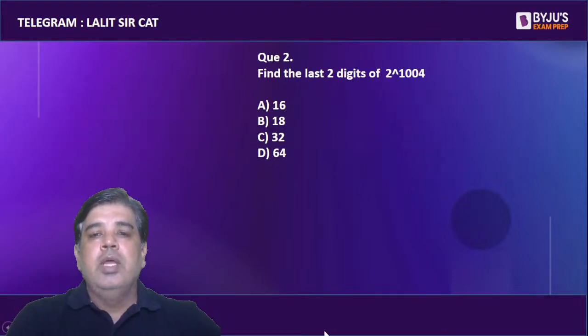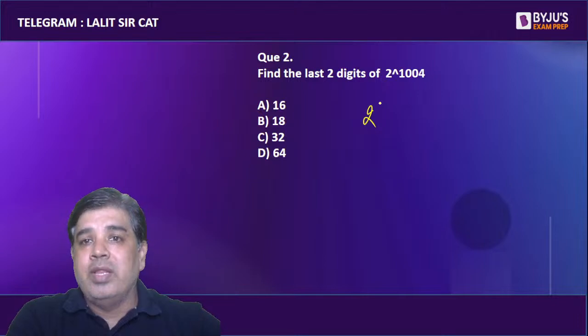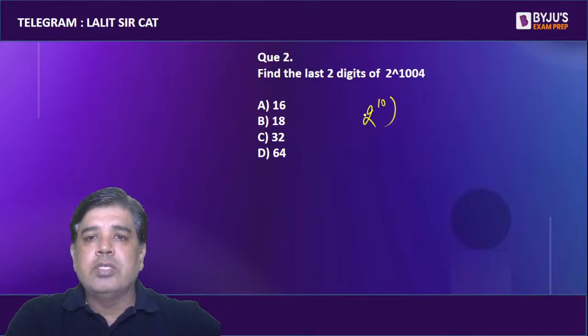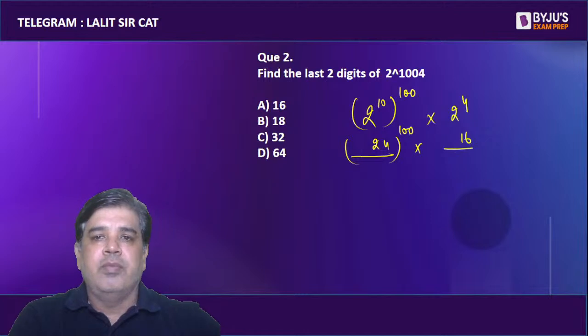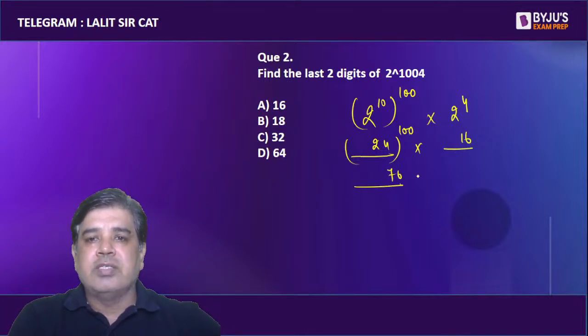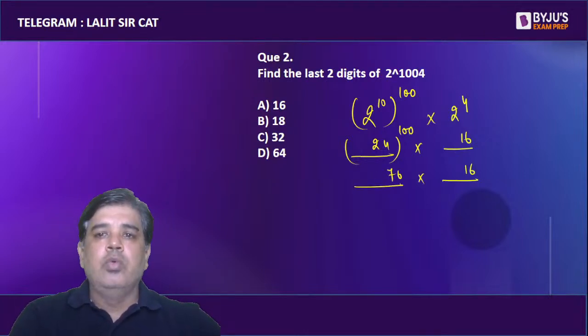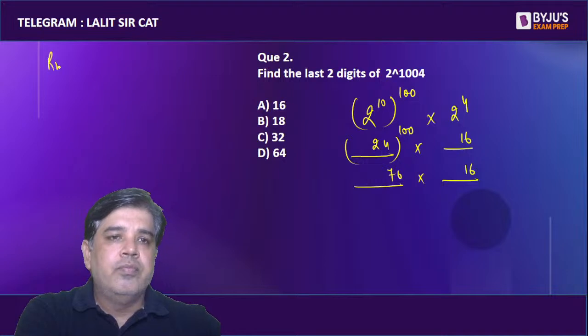Question number 2. Here we have 2 raised to power 1004. So 2 raised to power 10 raised to power 100 into 2 raised to power 4. 2 raised to power 10 ends with 24. 24 raised to power any even power ends with 76. Now there is again a rule.